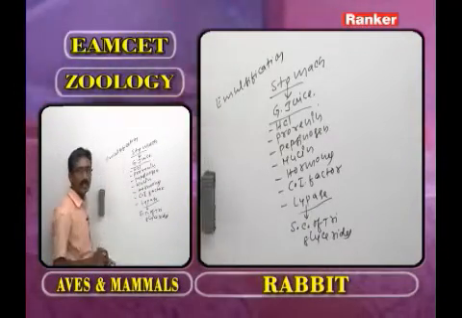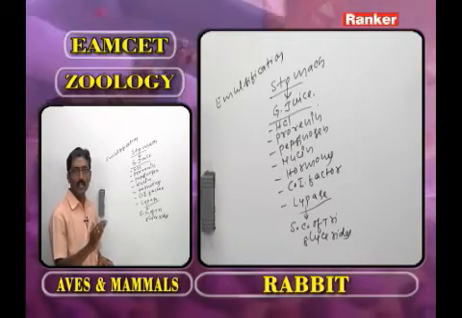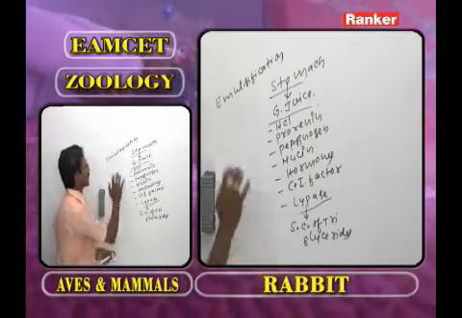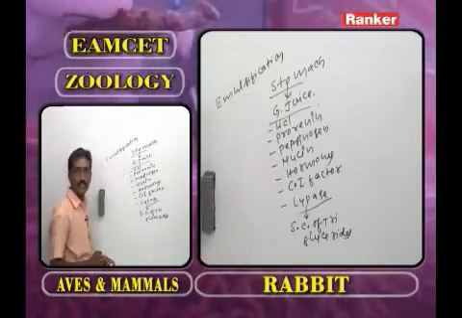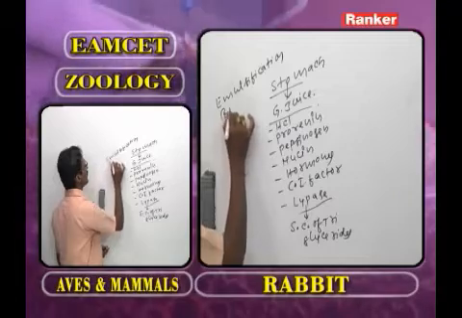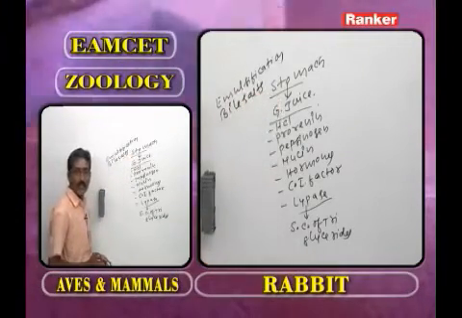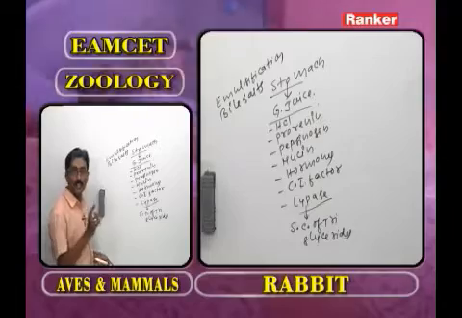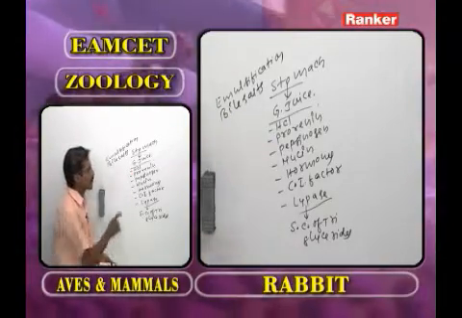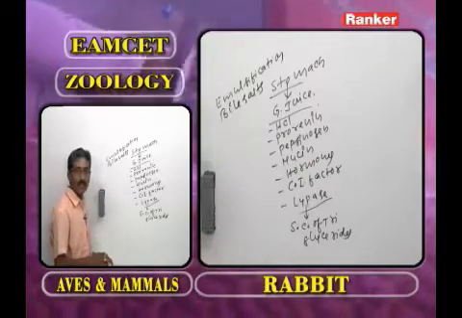That is called emulsification. For emulsification, what is required? The bile salts. Where are bile salts present? In the bile juice. But here we are discussing what type of digestive juice? Gastric juice. In the gastric juice, no bile salts.